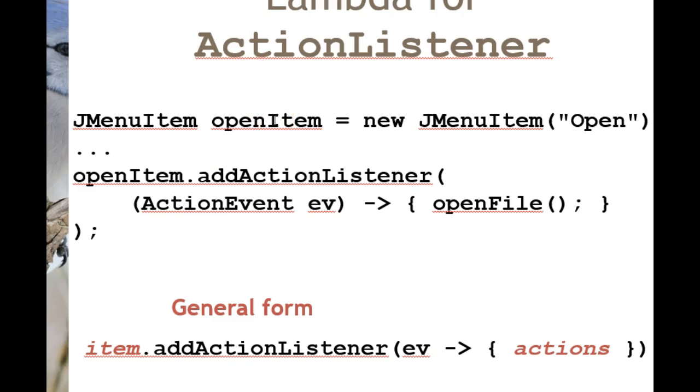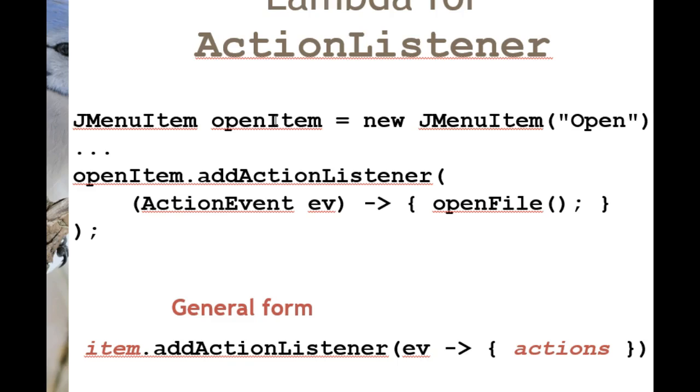So in here, we can see the openItem.addActionListener(actionEvent) and then the next line. This code shows us the lambda expression used as an event handler for the open menu item.